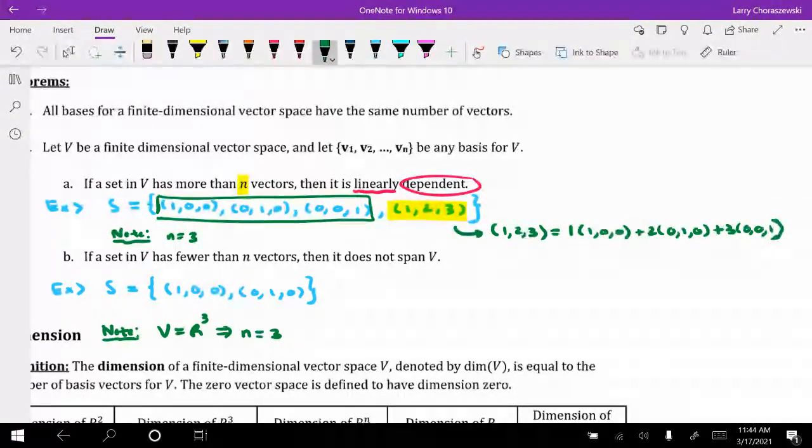So the conclusion of part B is that if the set in V has fewer than n vectors, then it does not span V. According to this result, my set S here will not span all of R3. Any ideas as to why that might be, other than it's the result of the theorem?